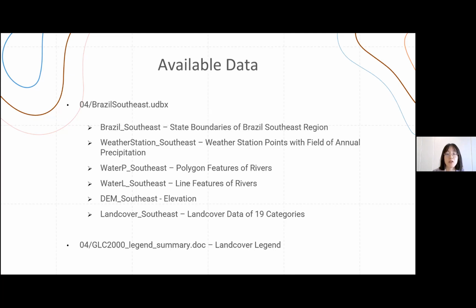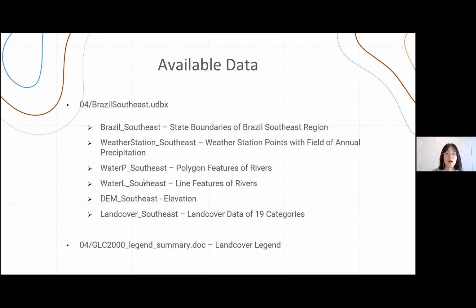And in its attribute table, we have a column that recorded the annual precipitation recorded by each of these weather stations. And then we have two water data sets.